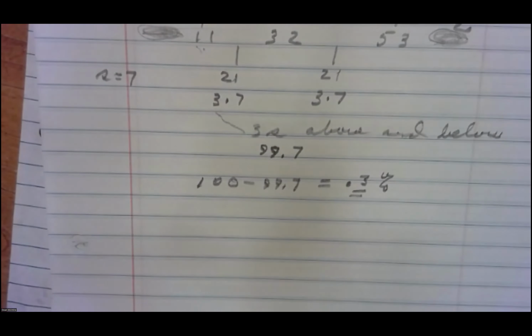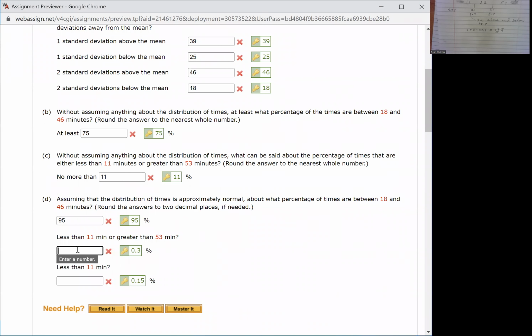And that's what? 0.15. So the answer to this is 0.15, which is half of 0.3.